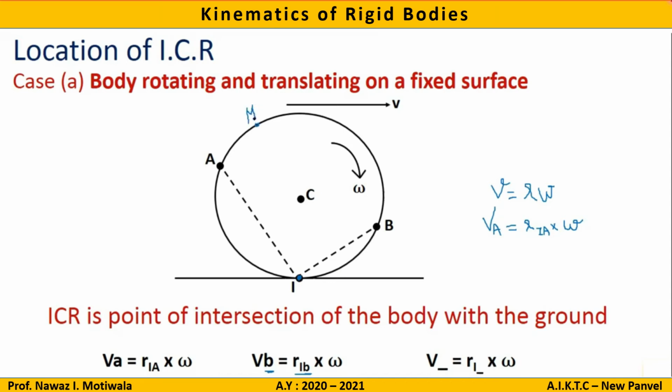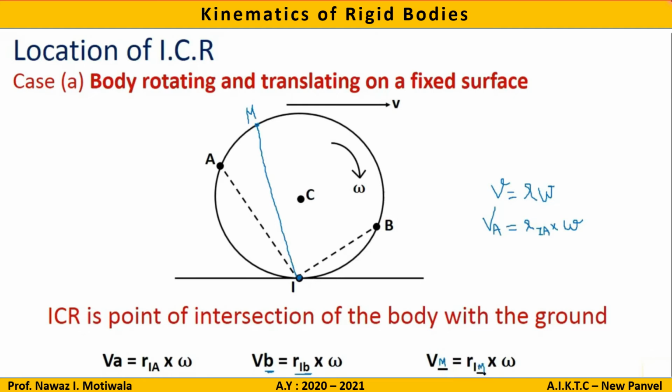If I want to find out the velocity of this point M, what I will do first is join this point M with I. And what I will write here: velocity of point M is equal to R, the distance from ICR to the particular point M, that is IM. So I will write RIM multiplied by omega.